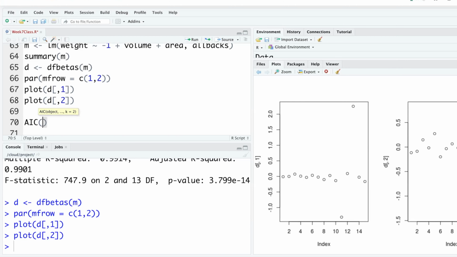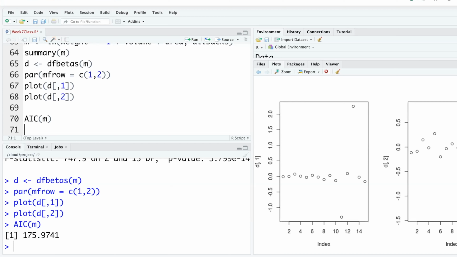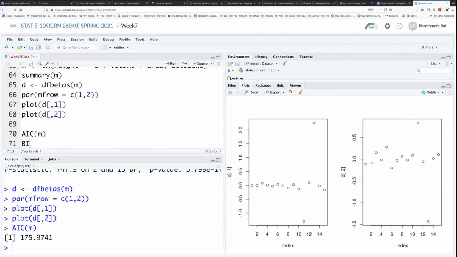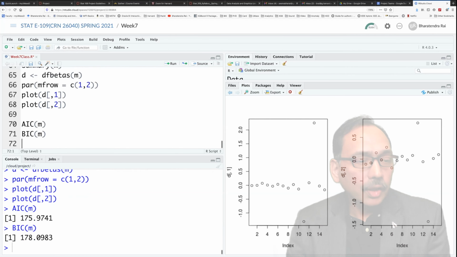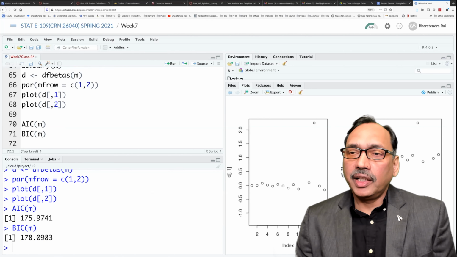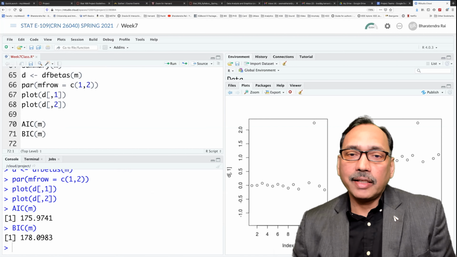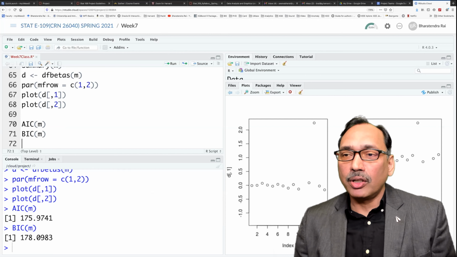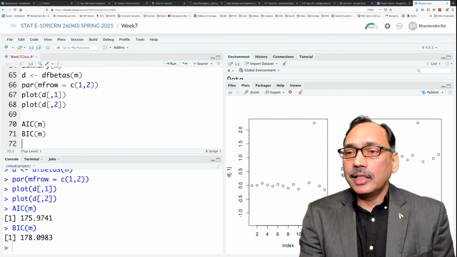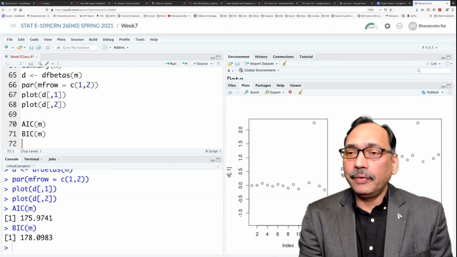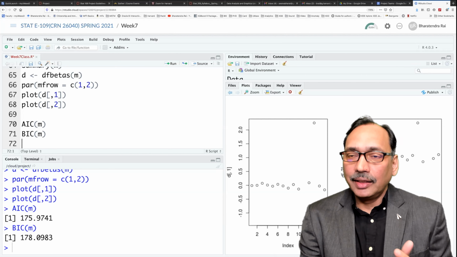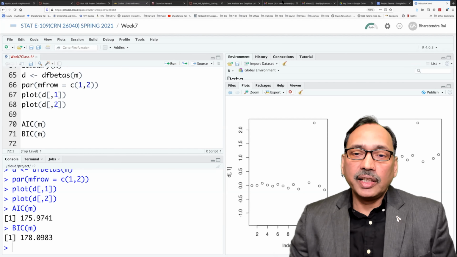If you want AIC, simply do AIC and it will give you AIC value. But it will be more meaningful when we compare several models. So if you have 3 different models, then only it is meaningful. You look at 3 different AIC or BIC values and then see which one gives you significantly lower value.